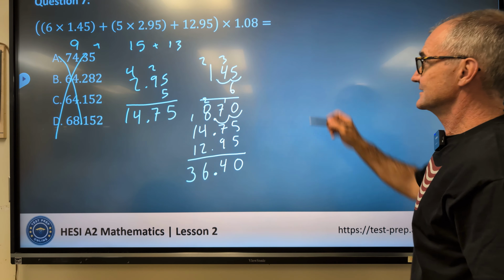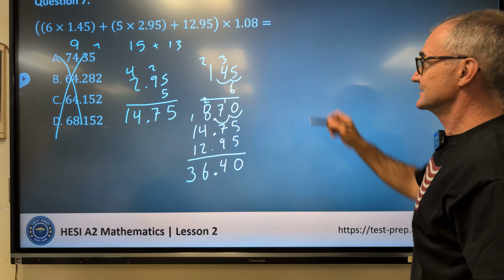Carry the 3, 48, 49, 50, 51. Carry the 5, 24, 29. Placeholder, these are all zeros. Double placeholder, 1 times 4, 6, 3. I add down, I get 2, 1, 13.